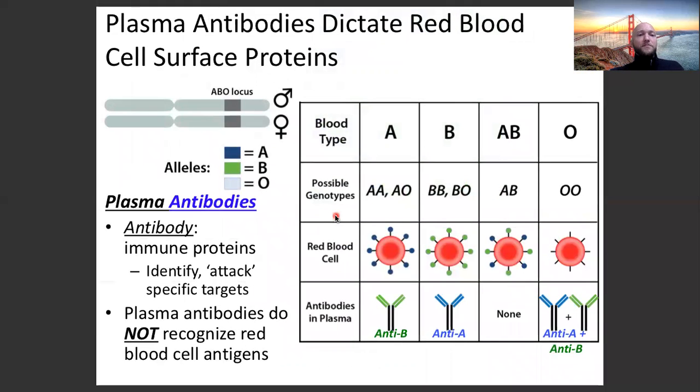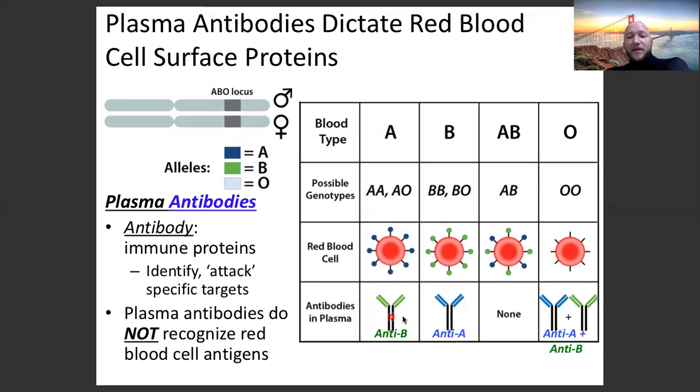Perfect. So plasma antibodies dictate red blood cell surface antigens. A person who has A blood type is going to have A antigens on their red cell surface. They're also going to have B antibodies within their body.